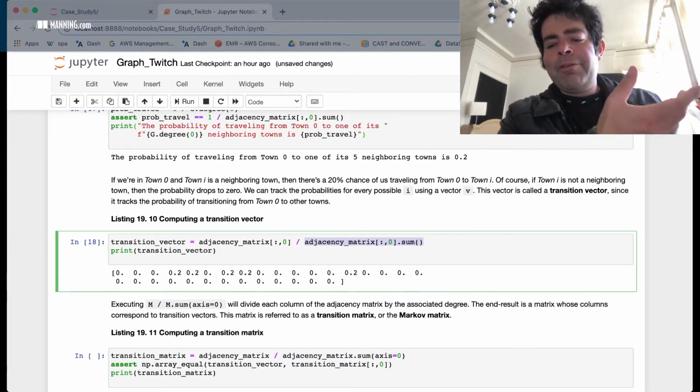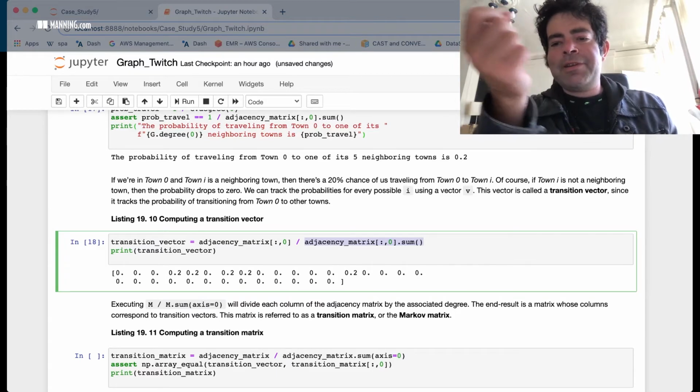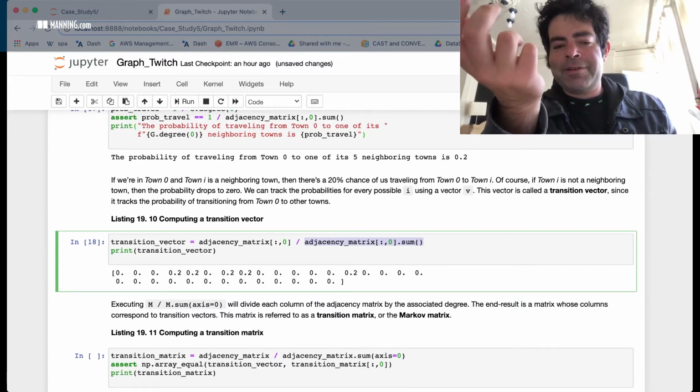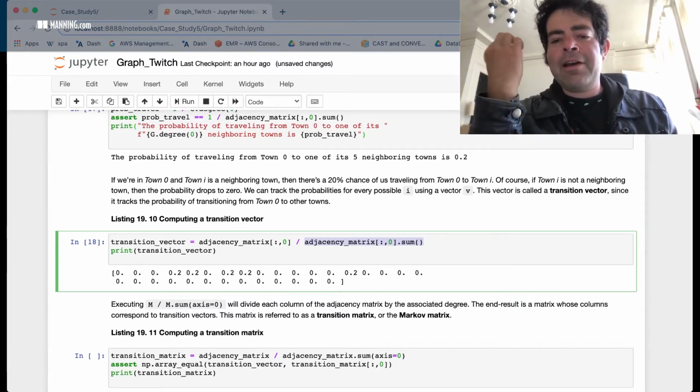So we would want to compute transition vectors for them as well. And we can store all of these 31 vectors in a single table, which is a matrix. And this matrix is known as a transition matrix or also a Markov matrix. It basically tracks the probability of transitioning from any town i to some other town j.